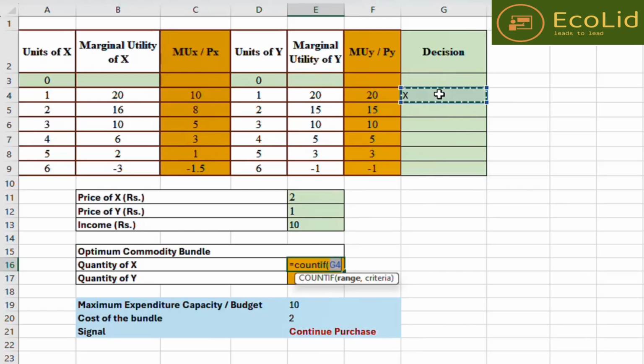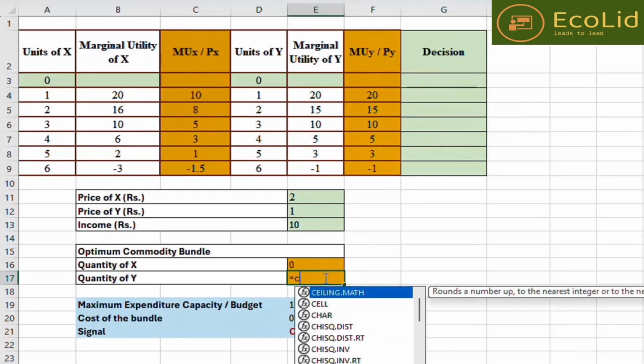We will select it from the first unit, drag and drop to select the range, and then count the values if the value is X. It is a string, so we will write X, and see, here I have already written X, so it came as 1. I'm deleting this value because it is not based on the comparison of these marginal utilities. I just randomly wrote that value, so I have deleted it. Now for the case of Y, again we will use the same formula, that is COUNTIF.